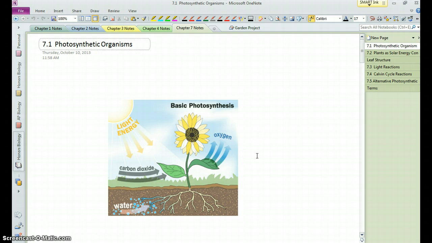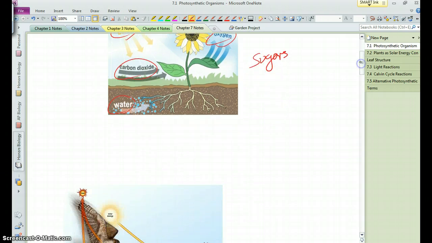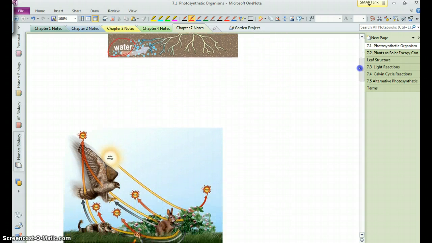They are able to use sunlight energy, and as we'll see, they're able to turn that into chemical energy in the form of sugars. They're able to take the water out of the ground, the carbon dioxide out of the air, and again, using that sunlight energy, make sugars, and in the process, give off oxygen, which is a very handy and useful thing for us and themselves.